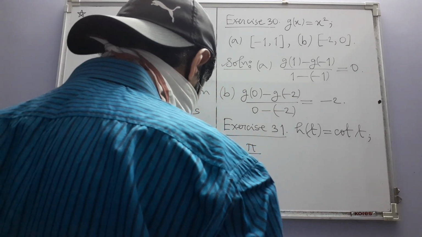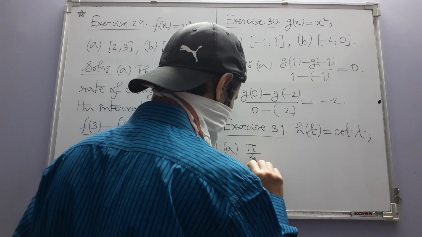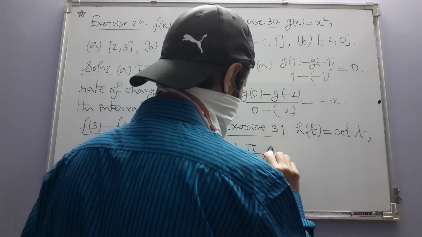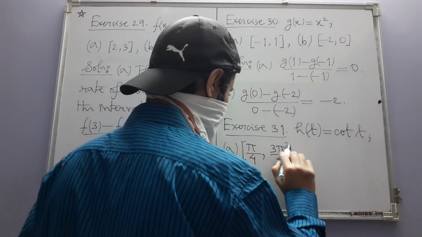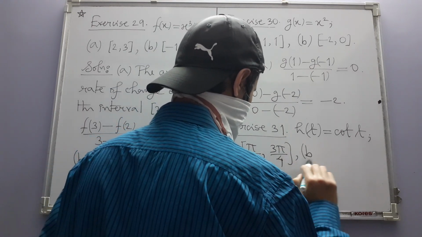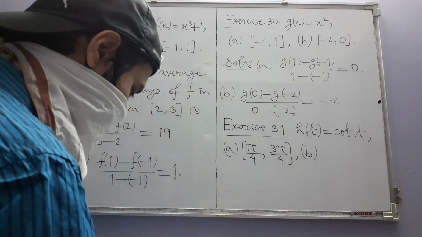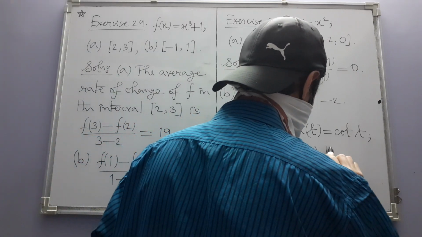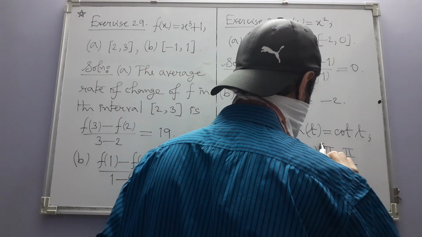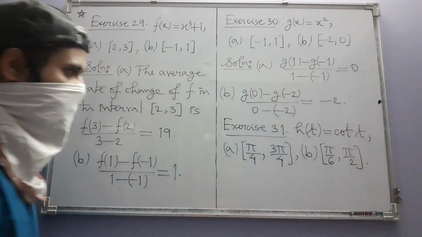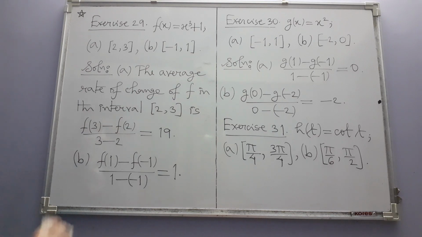Fractions of pi: a is pi over 4 comma 3 pi over 4, and b is pi over 6 comma pi over 2.